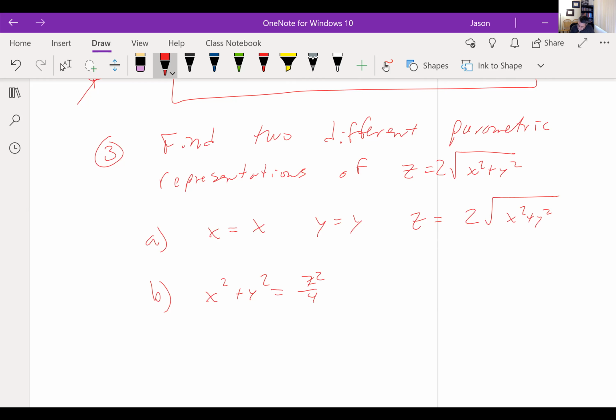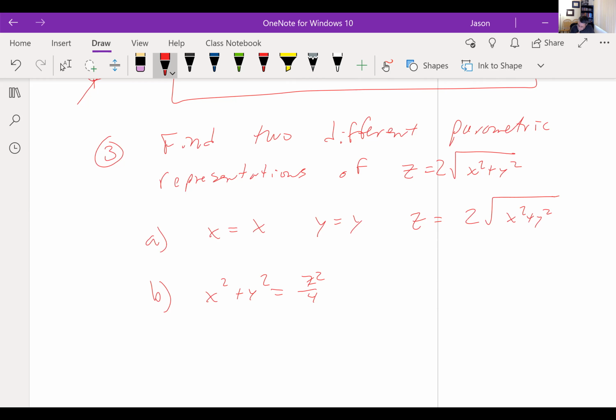Okay, that's a circle of latitude, and it tells me how far down I went. So phi of 90 degrees would be the equator, basically.